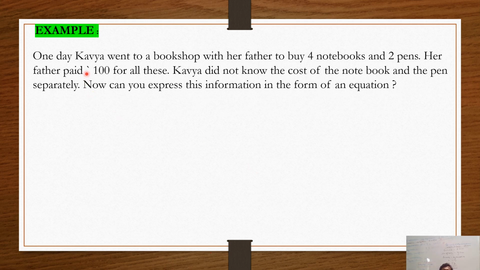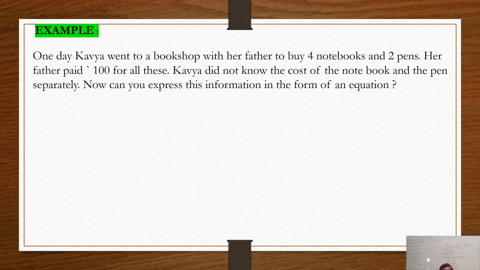One day, Kavya went to a bookshop with her father to buy 4 notebooks and 2 pens. Her father paid 100 rupees for all these. Kavya did not know the cost of the notebook and the pen separately. Now can we express this information in the form of an equation?